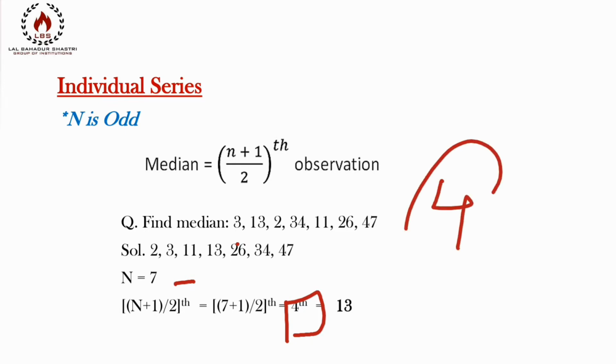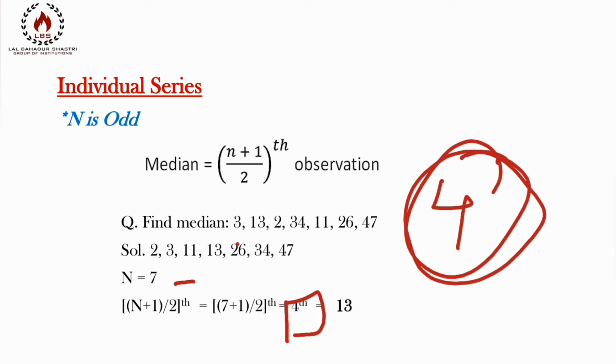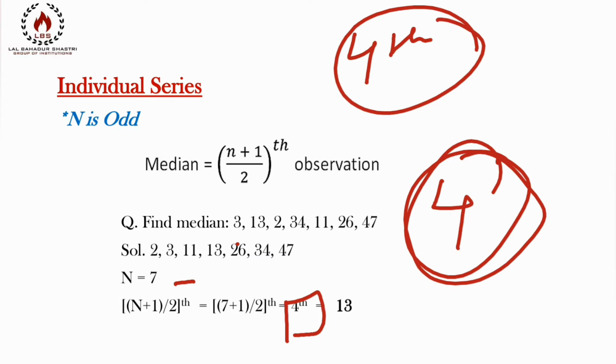This 4 is not your median. It is the position of your median. That is why it is written as 4th. So 1, 2, 3 and this 4th. This 13 is our median. So in this way you will find the median in case of odd n.